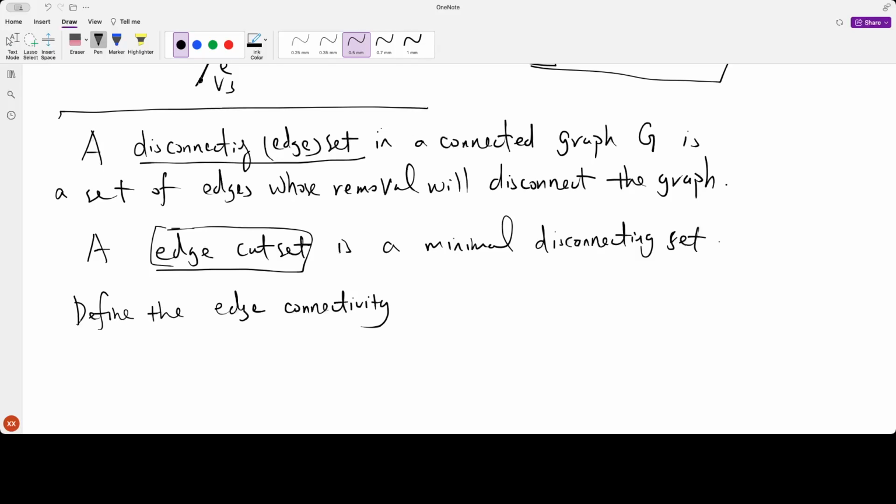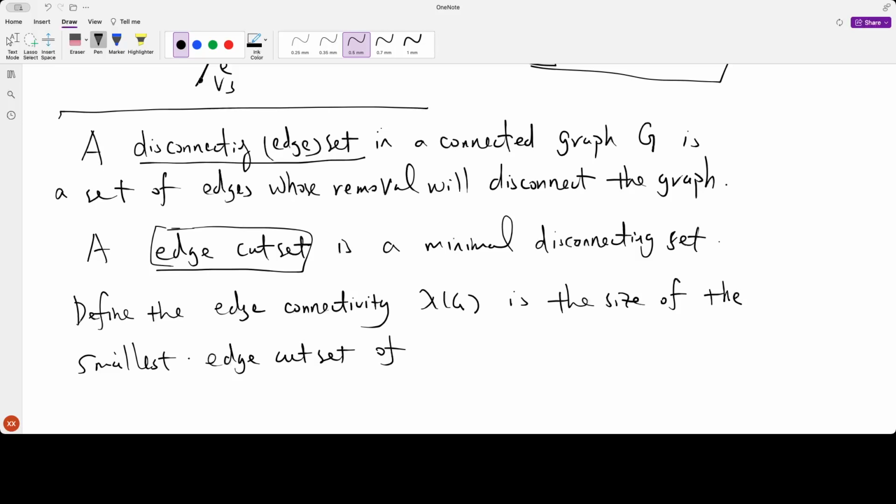So the edge connectivity, which we call lambda of G, is the size of the smallest edge cut set of G.